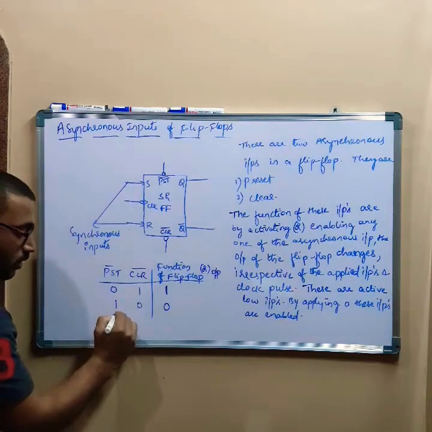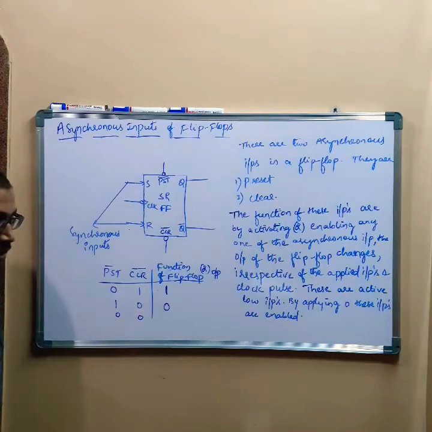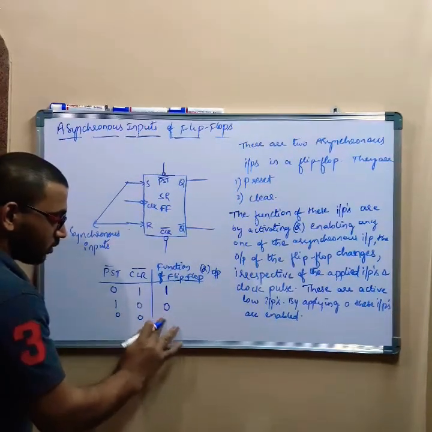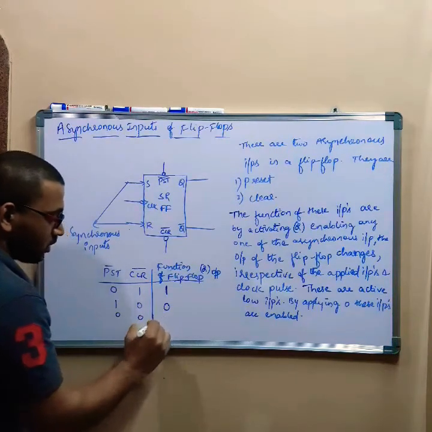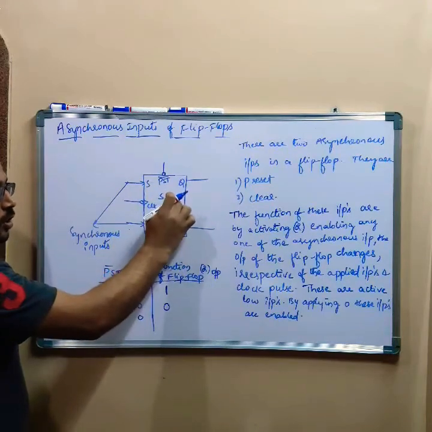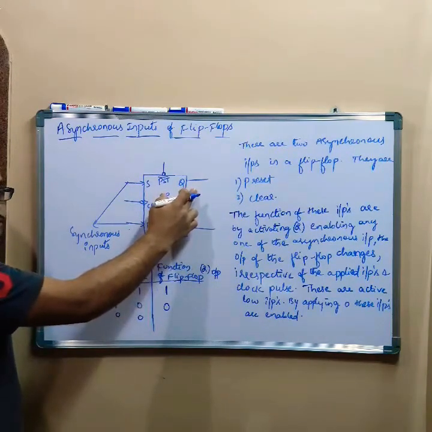Next, if you activate both the inputs simultaneously, there is no function. Because if you activate these two inputs, the flip-flop doesn't know what output it has to produce, either 1 or 0.